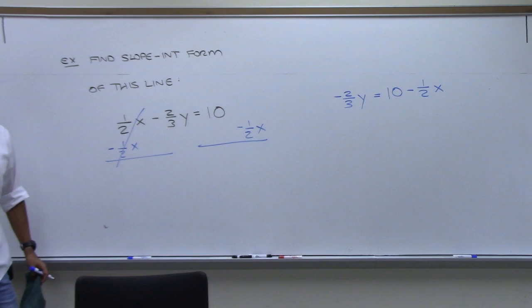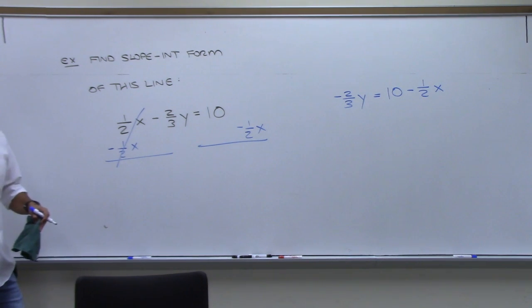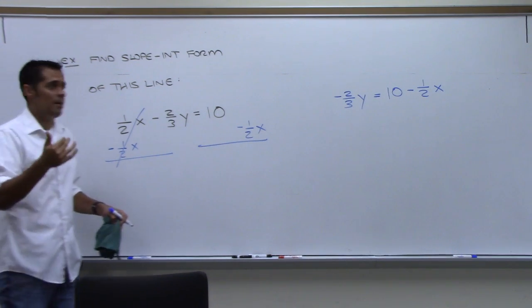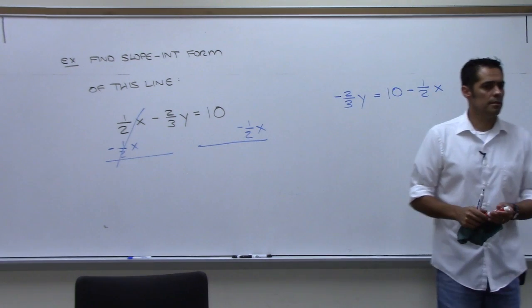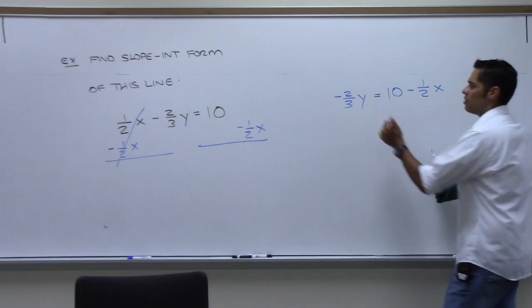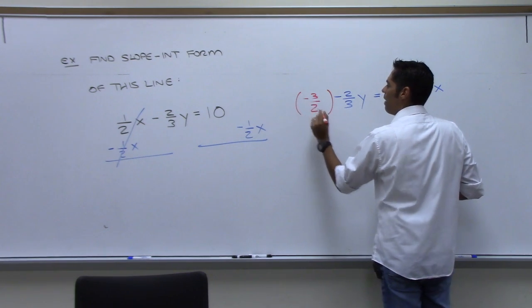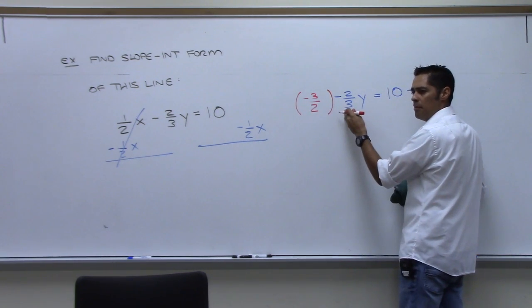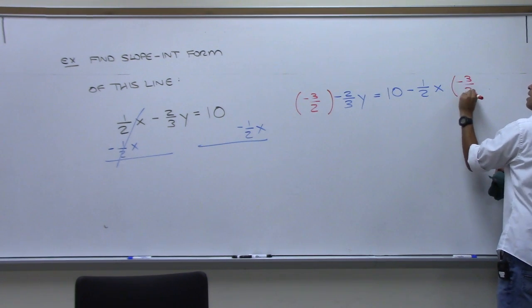You multiply it or divide it. You can look at multiplication and division the same way. So let's start with multiply. If you were to multiply, you multiply by what? The reciprocal, right? So you'd multiply by negative 3 over 2. I have to multiply by negative because negative times negative will be positive. And whatever I do on that side, I must do on this side also.